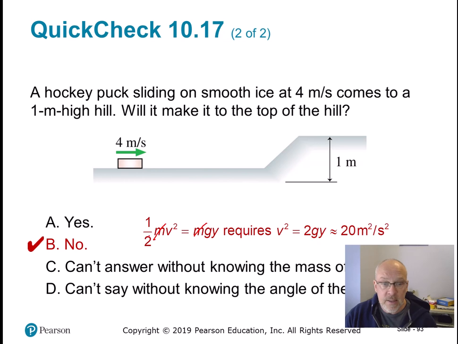So we multiply both sides by 2, take the square root of 2gh. h is 1 in this case. So it needs to have the square root of this velocity, and that's not going to make it. So the v is not sufficient to get it up to the top.